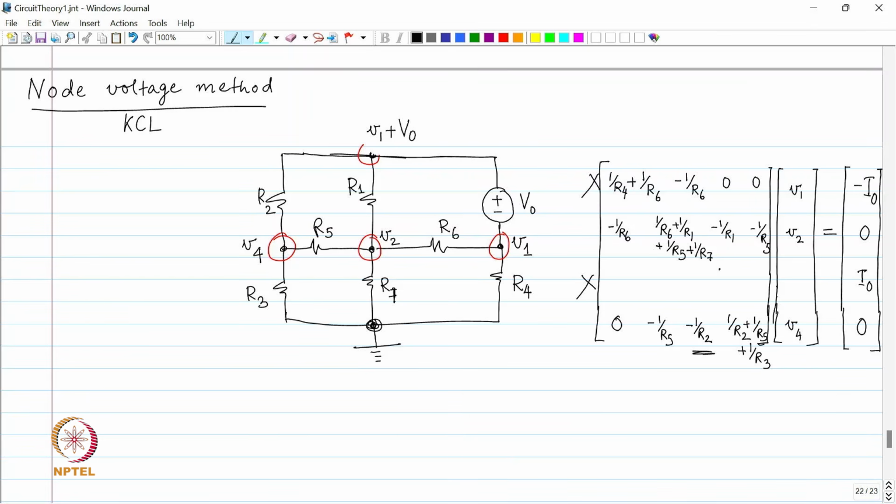fine. So, how do I write it? Minus 1 by R 2 times V 1 minus 1 by R 2 times V naught, which goes to the other side.